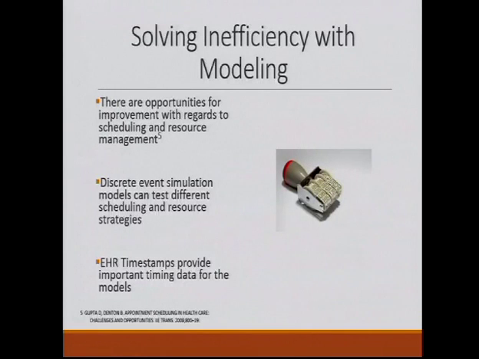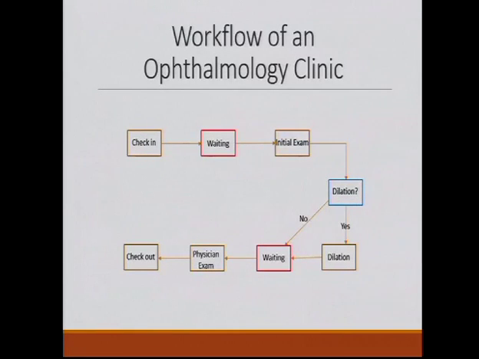So the idea is that what you can try to do is take the times that the provider has been logged in and logged out of the system as a proxy for the time that they are spending with the patient themselves, and hopefully that will work out.